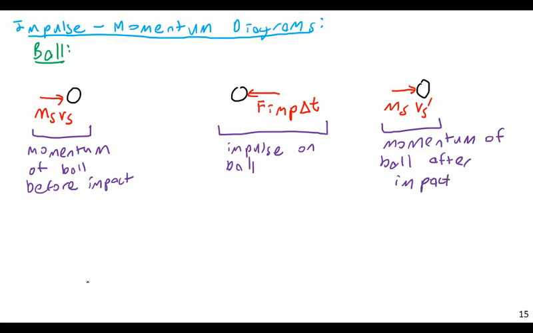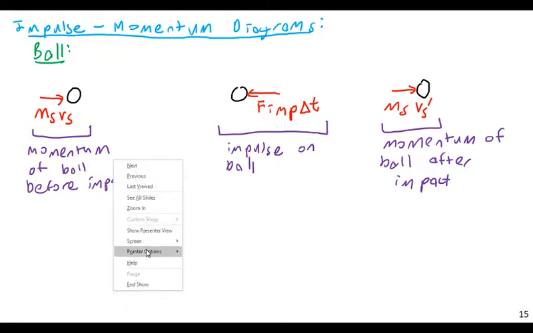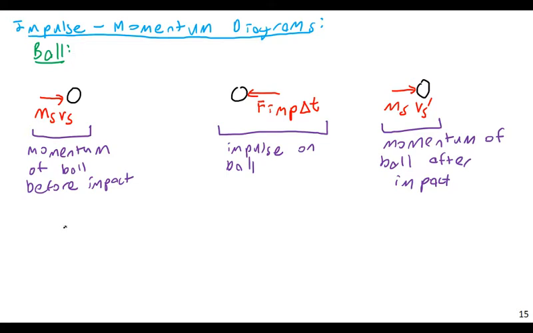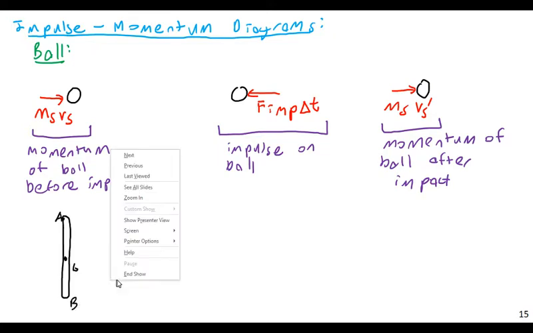Then I could set up something similar for the bar. And through this, we'll actually get some clues on how to handle impulse and momentum type problems, or systems of objects anyway. So I'm going to have the G here, G, A, and B. And again, I am not drawing forces on here.